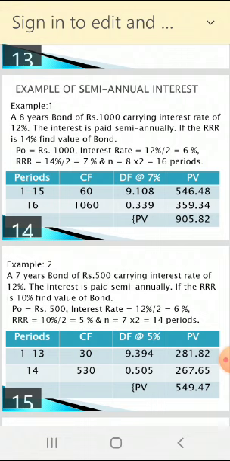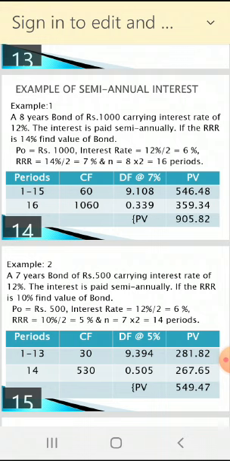This annuity table is given at the end of standard books. Pandey, Prasanna Chandra, Khan and Jain, R.M. Srivastava, M.R. Agrawal, different books we are using for this type of valuation of security.